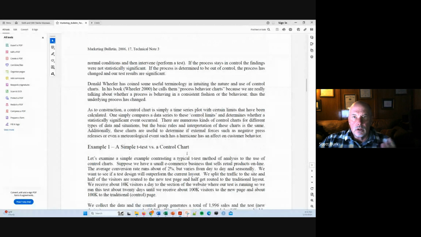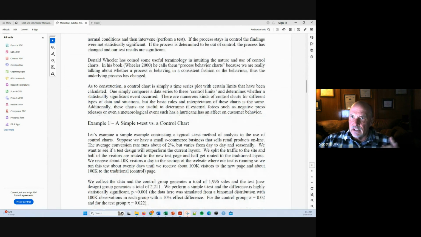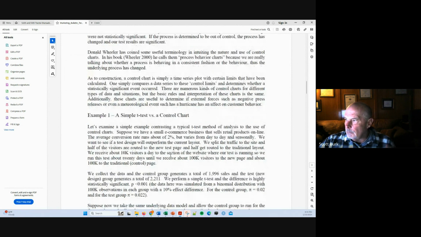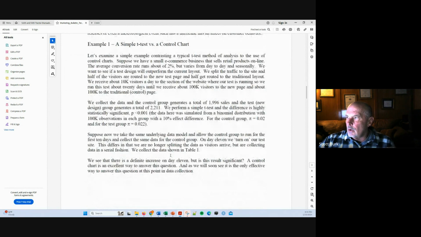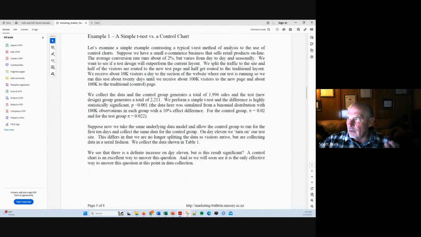It's been around for a long, long time, but that doesn't matter. Techniques that have been around for a long time, I mean, we're still using addition, right? So things that work. I go through an example here: what's a simple test, a t-test, the student t test you find in a stats book, versus a control chart.